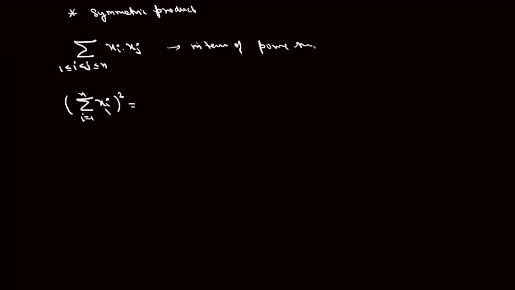Now we know that (x1 + x2 + ... + xn) square is x1 square plus x2 square plus ... plus xn square, plus cross terms. So it'll be this summation xi square where i varies from 1 to n, and this is nothing but the sum of diagonal elements, plus 2 times (x1x2 + x2x3 + x3x4 + ...). So it'll be 2 times this summation, 1 less than or equal to i less than j less than or equal to n, xi into xj.